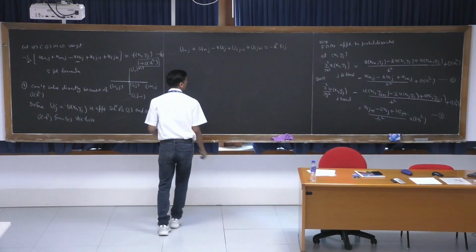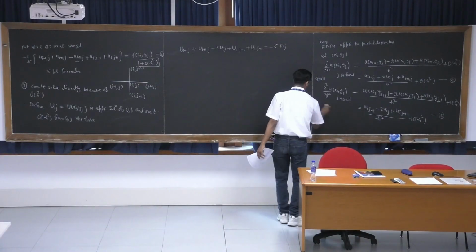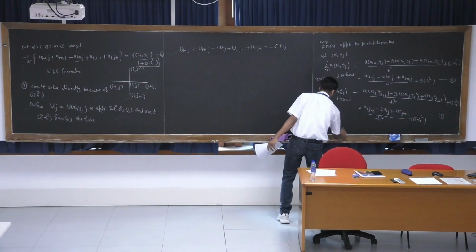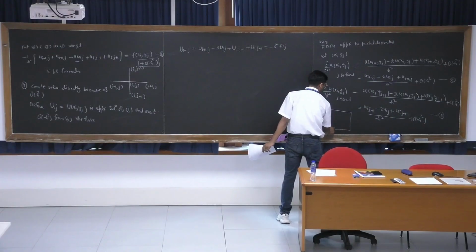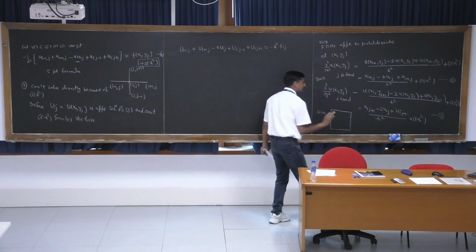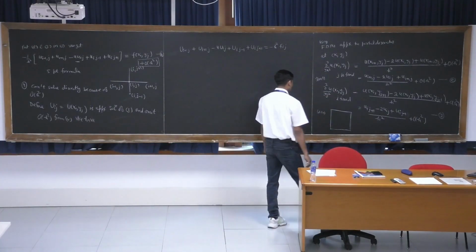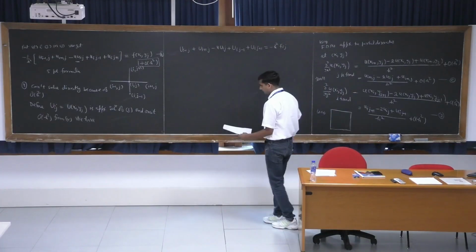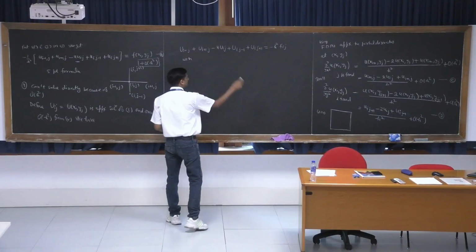What is the boundary condition? Boundary conditions are given: u is equal to 0 over the boundary. Just making the domain again. u is equal to 0 over the boundary. So here, here, here and here, the solution is already given, that is equal to 0. So what are the boundary conditions here?